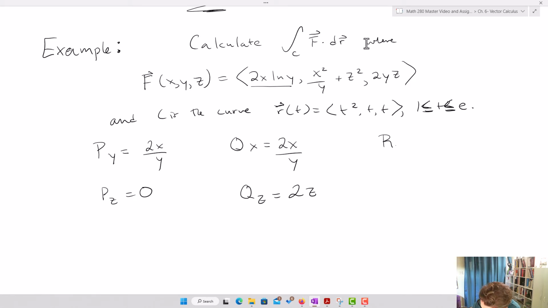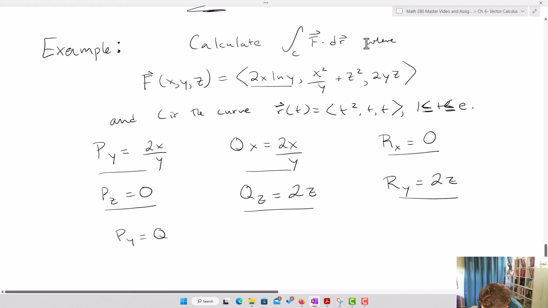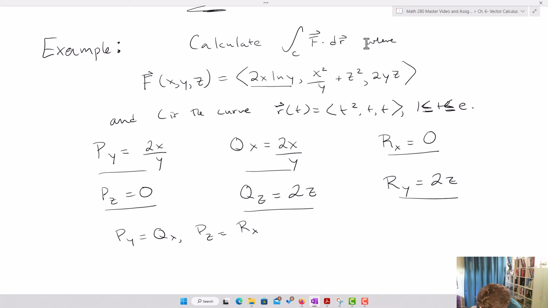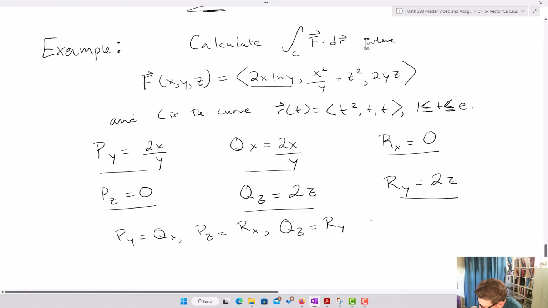And then R_x is going to equal 0, and R_y is going to equal 2z. Notice P_y equals Q_x, P_z equals R_x, and Q_z equals R_y. So F is conservative.